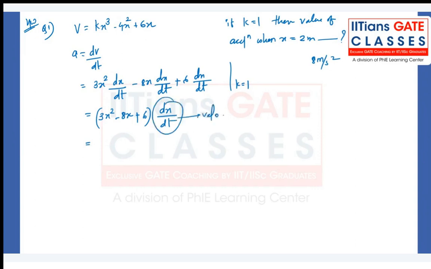So now if you put x equal to 2, it will look like 3 multiplied by 4 minus 8 multiplied by 2 plus 6, and dx/dt is 8 minus 4 into 4, which is 16, plus 12.